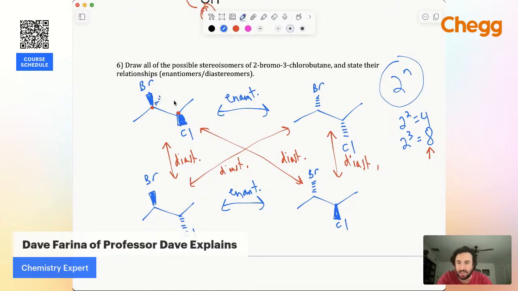So that means that you have to have a group on a dash and a group on a wedge. And so there's going to be implied hydrogens. So with organic chemistry, with the line notation, right off the bat, we have to be very comfortable looking at molecules in line notation, seeing where the implied hydrogens are, understanding what the geometry is on each of the atoms, and so forth.